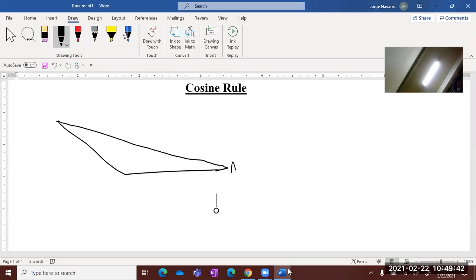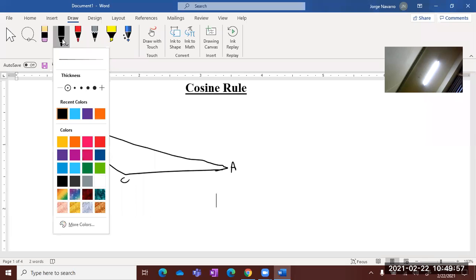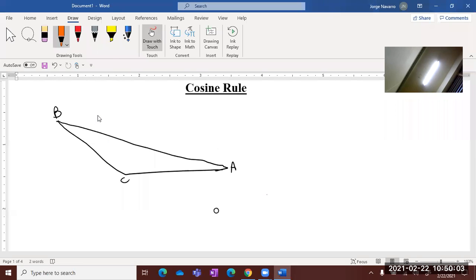So I'm going to call this A, I'll call this B, I'm going to call this C. All right, so here we have an obtuse angle triangle. As I said, we can't use Pythagoras nor trigonometry if it's not a right angle.